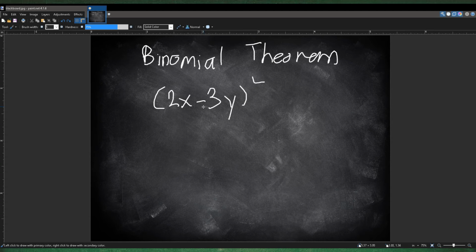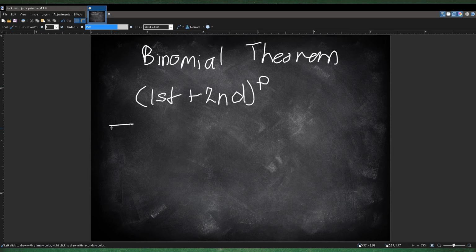So basically, there's usually only going to be 2 terms. You have the first term plus the second term, raised to a power, which I'll call p. It's going to be in the form of a summation. I don't want to use x as the index, because usually the first and second terms use the variables x and y, or y and x.